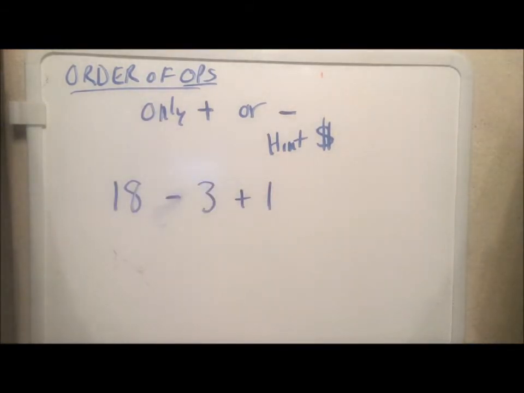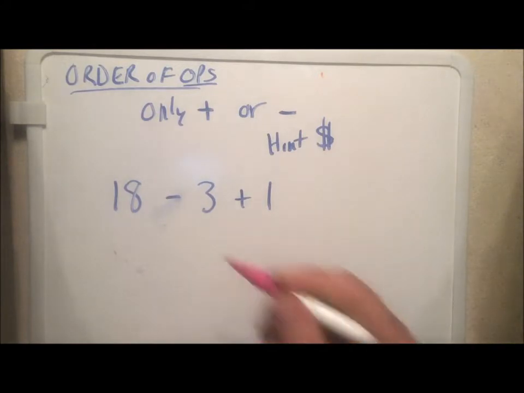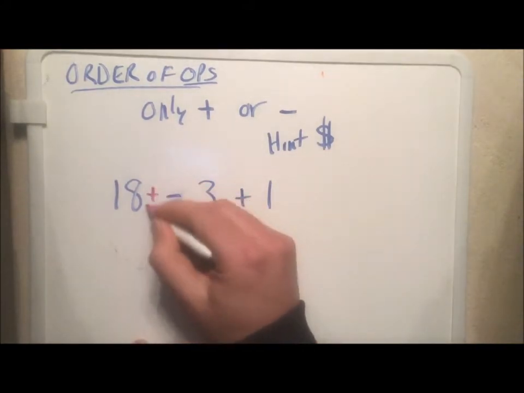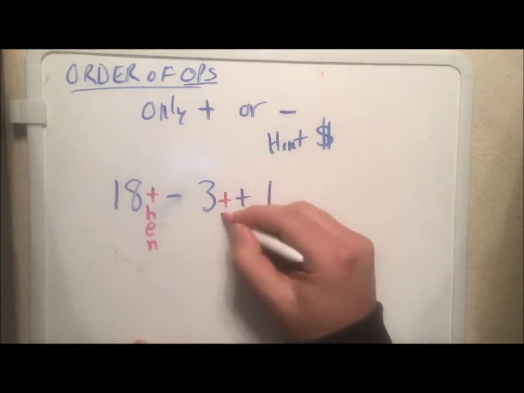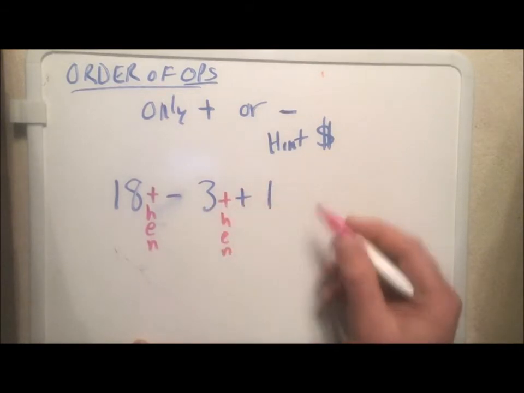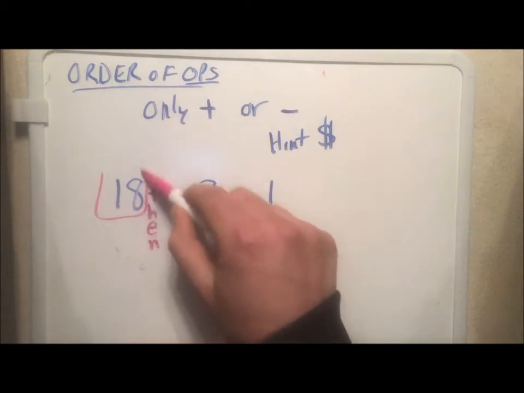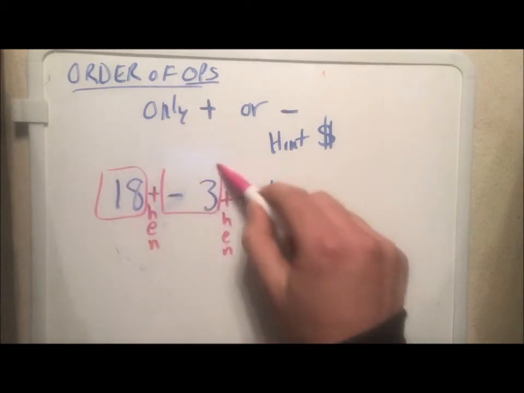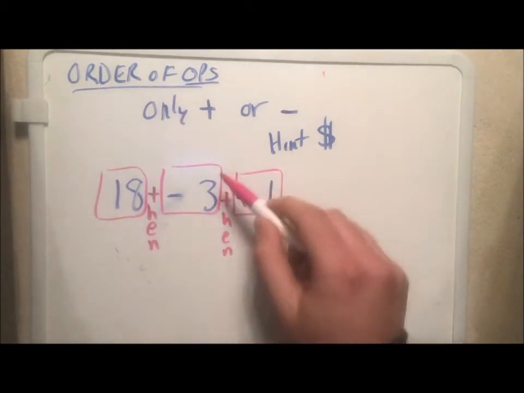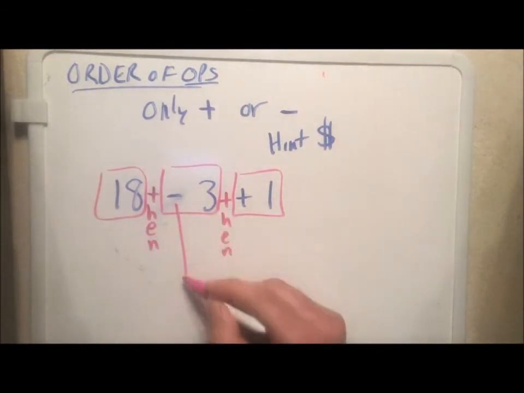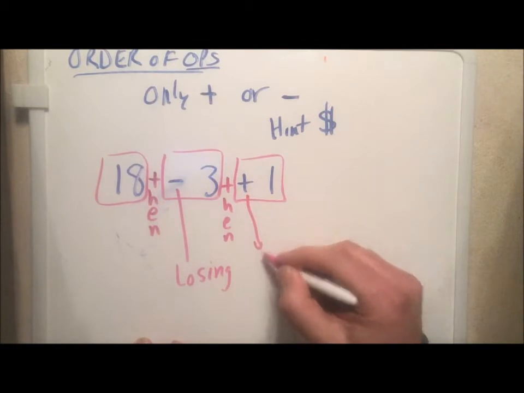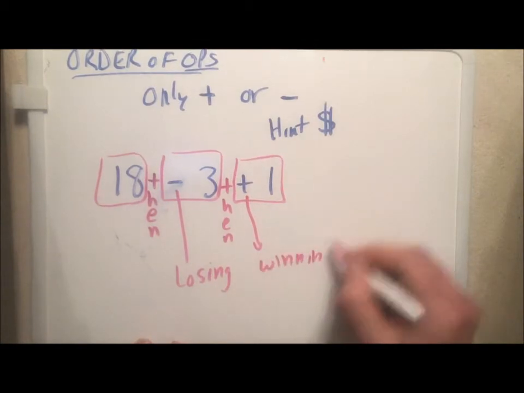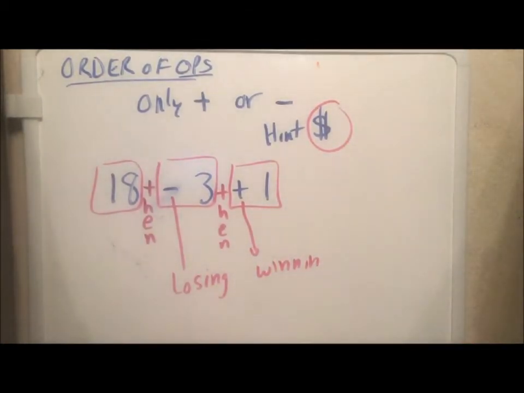It's like we have 18 and then a minus 3 and then a plus 1. You can think of the minus as losing, and the plus as winning. That's why thinking about money can help sometimes.